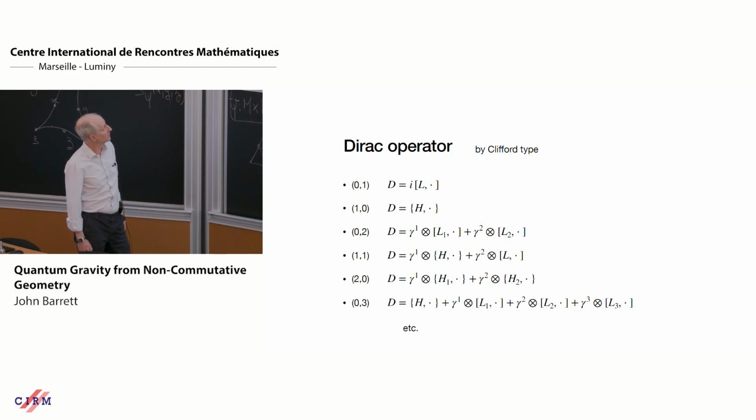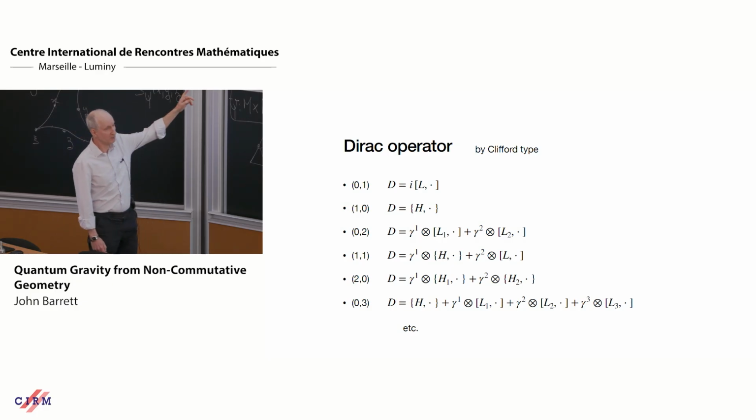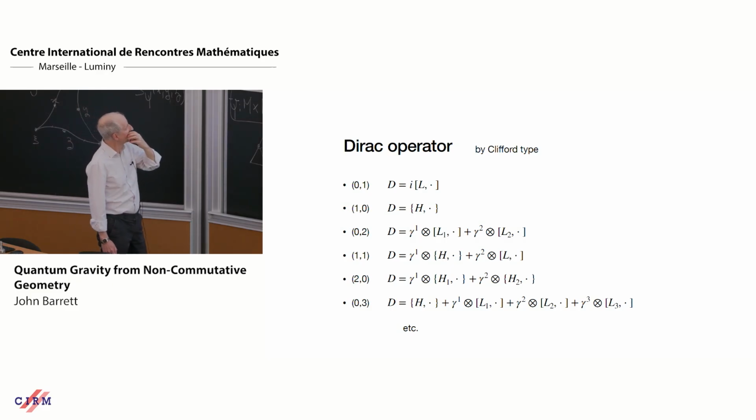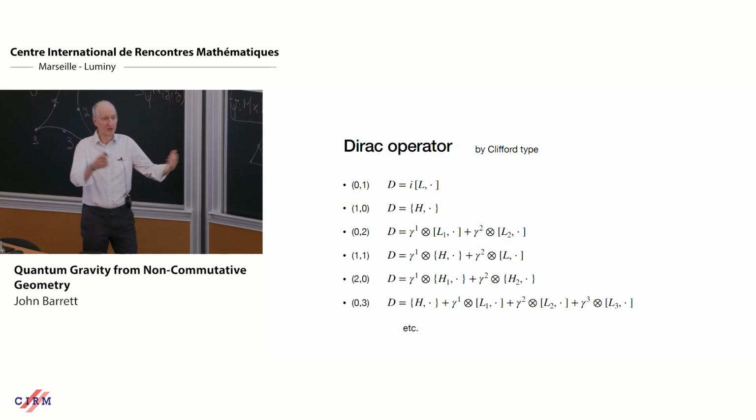And so the gamma matrices obviously act on the Clifford module part. So in 0, 2, both gamma matrices square to -1, but they have different meanings in the other cases. In 1, 1, gamma 1 squares to +1, and gamma 2 squares to -1. So the whole thing is Hermitian, you see.